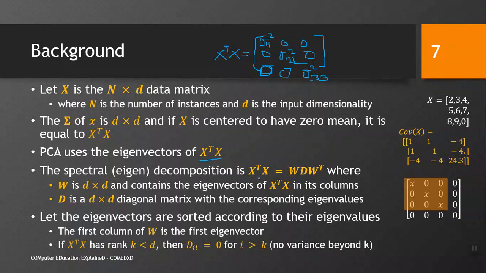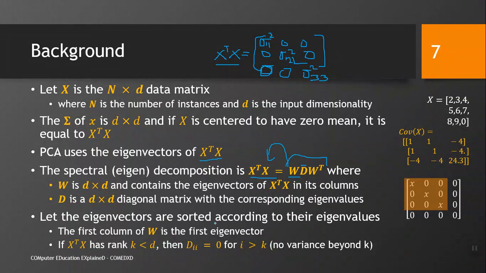The spectral decomposition of this covariance matrix could also be given with the help of this expression, where W represents the eigenvectors and D represents the eigenvalues, right. And by multiplying in this way, taking a dot product in this way, it would generate back the original covariance matrix, where W is D cross D and it contains the eigenvectors, and D is a D cross D diagonal matrix which contains the corresponding eigenvalues.